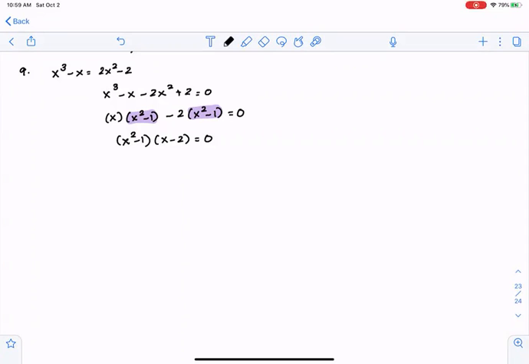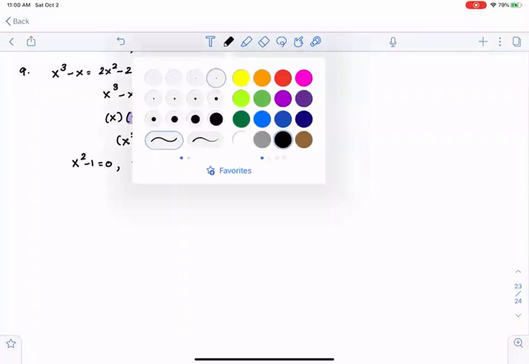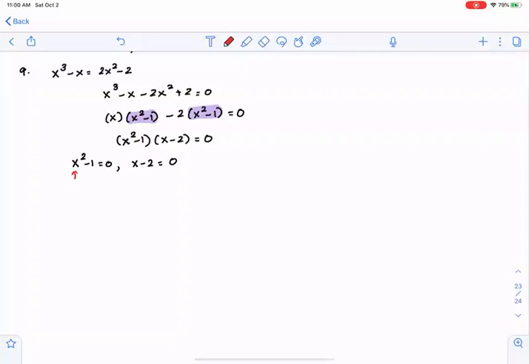We have to set each factor equal to 0 and solve for x. So x squared minus 1 equals 0, and x minus 2 equals 0. X squared minus 1, if you notice, is of the form a squared minus b squared.